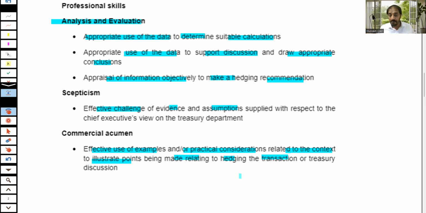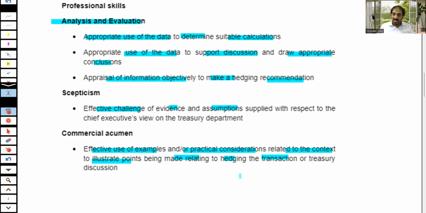That's a key point. Commercial acumen means be practical. It's not only about constraints and opportunities. For risk management, whatever hedging technique you are discussing, you need to incorporate more things. Sir, any more examples? Yes, why not? For example, futures contract margins.